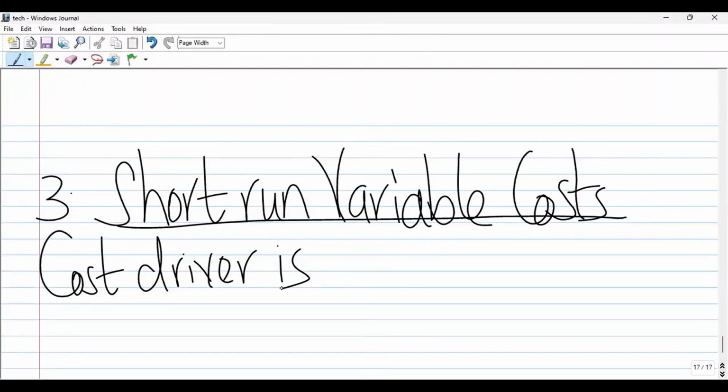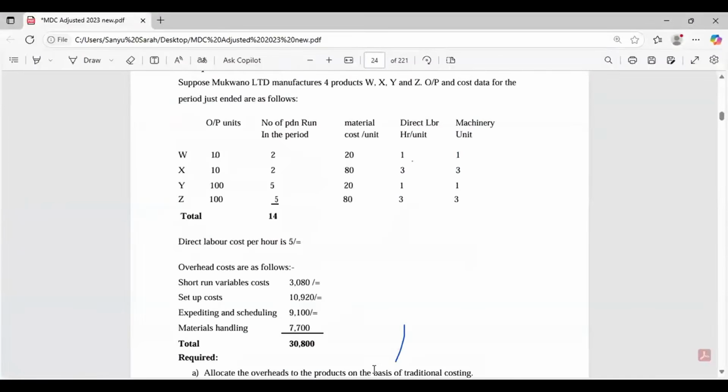So I need to understand which factor could cause those costs. And the variable costs, like I told you, you have labor costs, you have material costs, all those are variable costs. So what could cause these short-term variable costs? So you look at the different factors that the examiner has given you, you use judgment and know what could bring short-term variable costs.